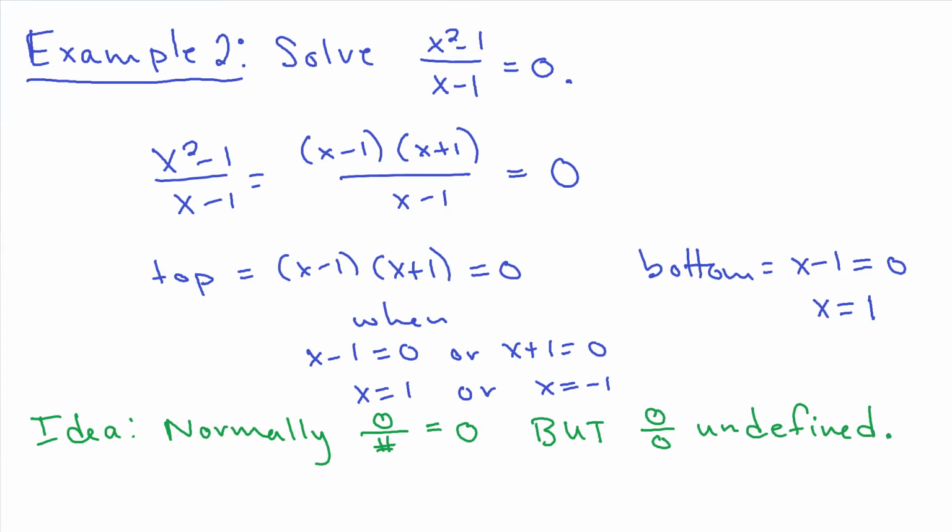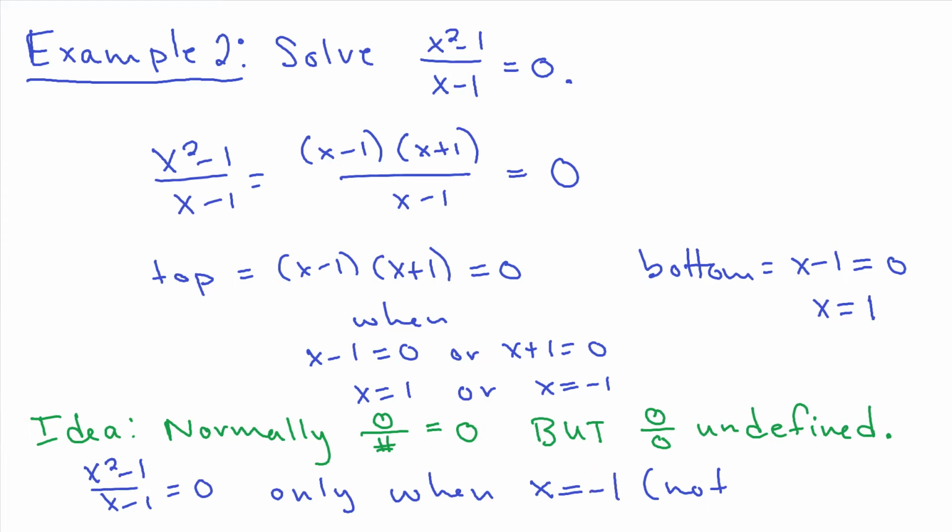So for this problem, the whole fraction is equal to 0 only when x is equal to 1. So what we have is that x squared minus 1 over x minus 1 is equal to 0 only when x is equal to minus 1, and not when x is equal to 1.